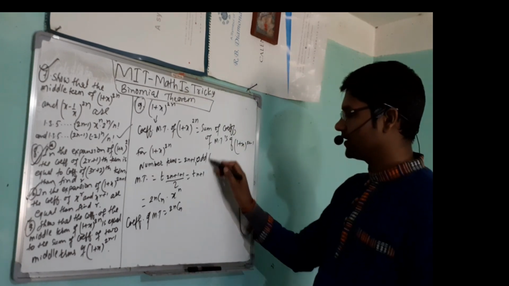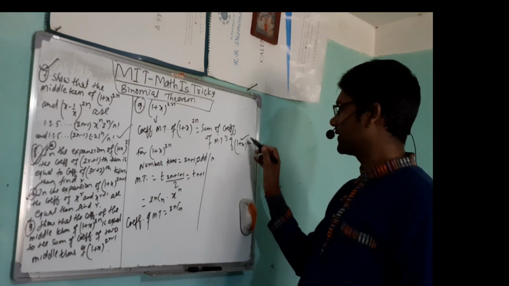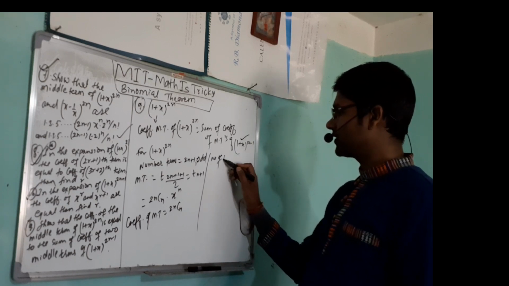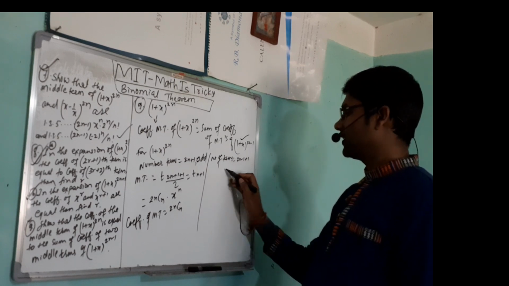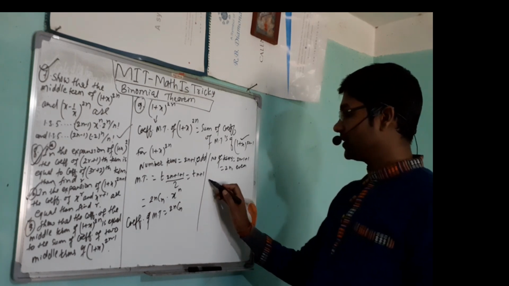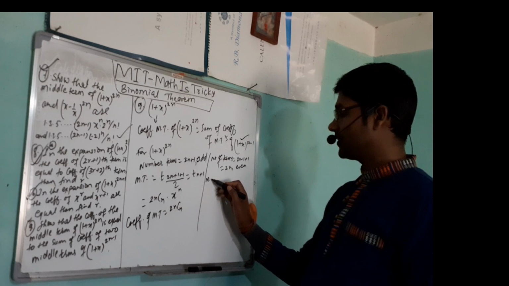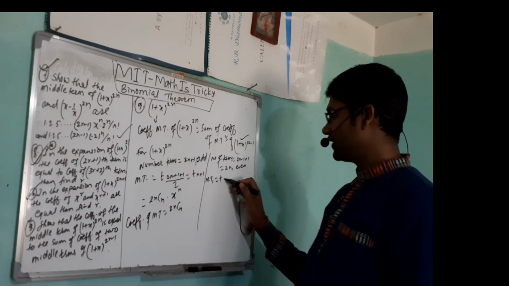Now let's move to the second one. Here the number of terms will be 2n - 1 + 1, which equals 2n, and which is even, so there will be two middle terms. The first middle term will be T n.